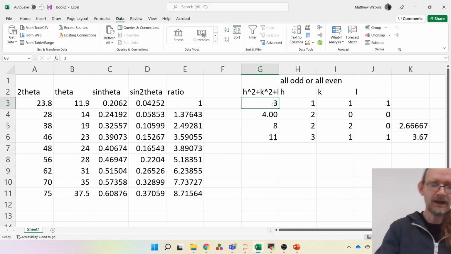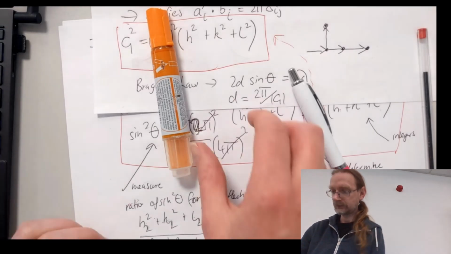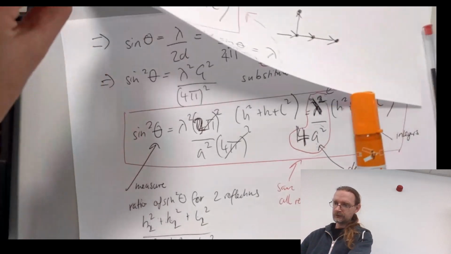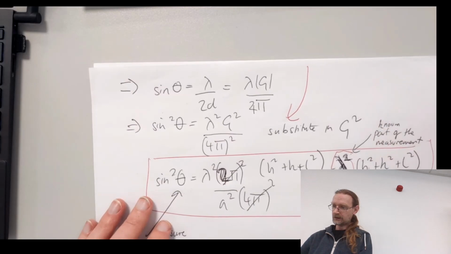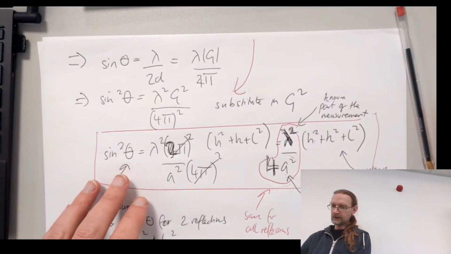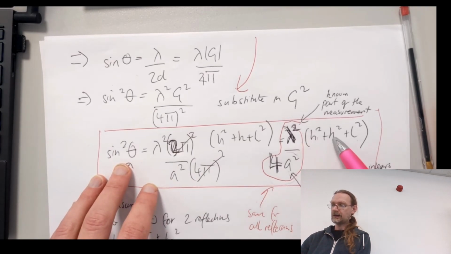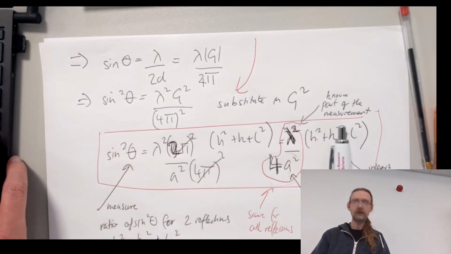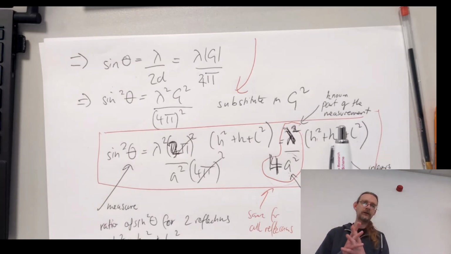And then if we go back to our formula, sine squared theta is lambda squared over 4a squared times h squared plus k squared plus l squared.